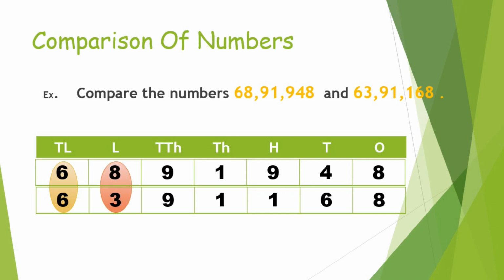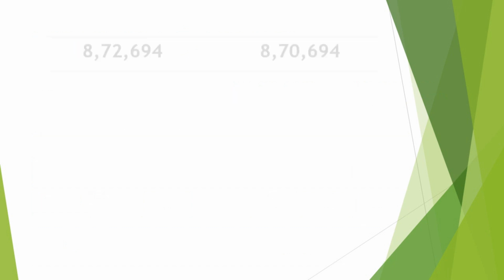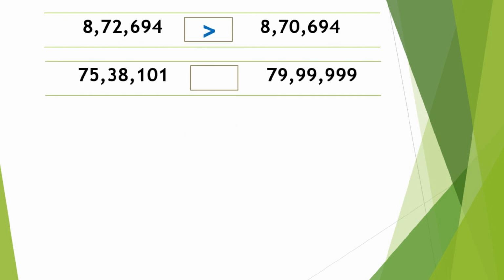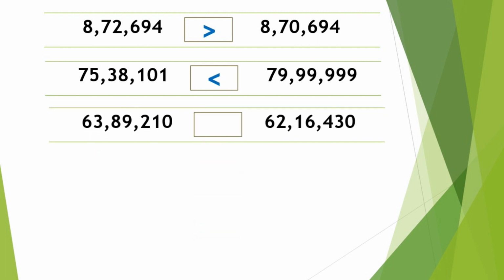In the lakhs place, the digits are 8 and 3. So 8 is greater than 3. That's why 68,91,948 is greater than 63,91,168. I have given some more examples for practice. So by referring to these examples, you can practice to compare numbers.